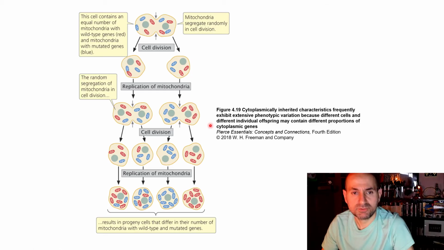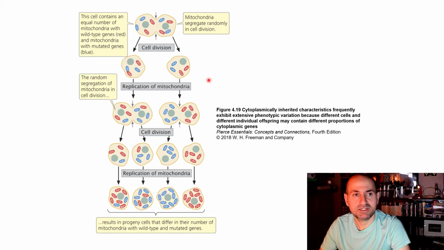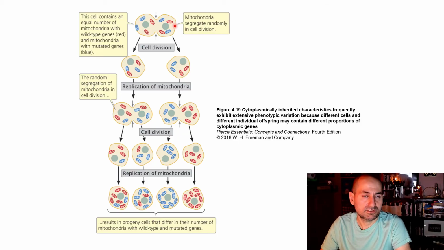So here's an example of cytoplasmically inherited characteristics with regard to the mitochondria. Remember, mitochondria have their own genes and their own chromosome, and that is considered part of your cytoplasmically inherited genes.